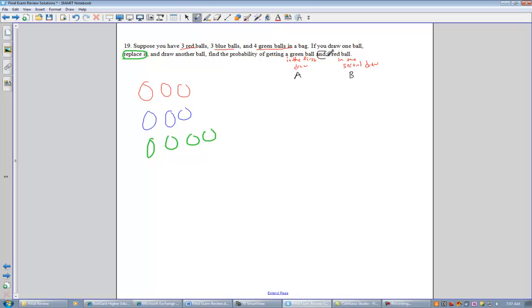And means intersect. So what this is asking me to do is find the probability of A intersect B. Now if these 2 events are independent, right, then I can use my formula that P of A intersect B is P of A times P of B. So are these independent? And yes, they are, because you're replacing the balls after each draw.